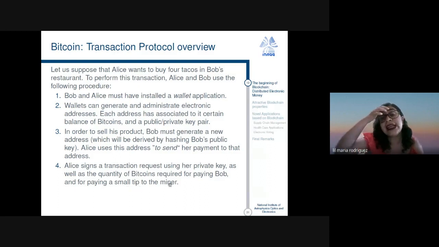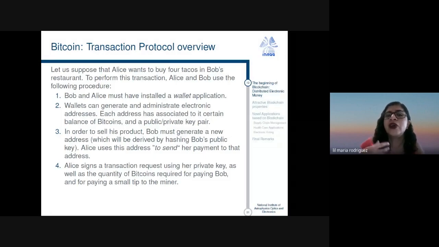So basically, miners are happy and they try to mine blocks because they get tips from the transactions included in the block, and also they get another tip if they win and can solve this cryptographic puzzle that I just mentioned. So that's why miners want to mine.